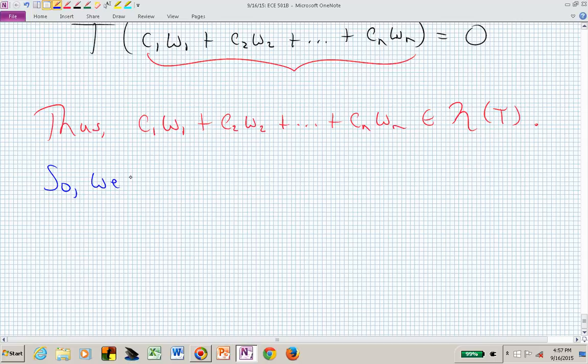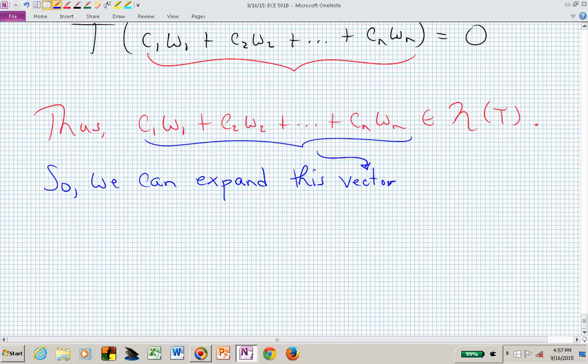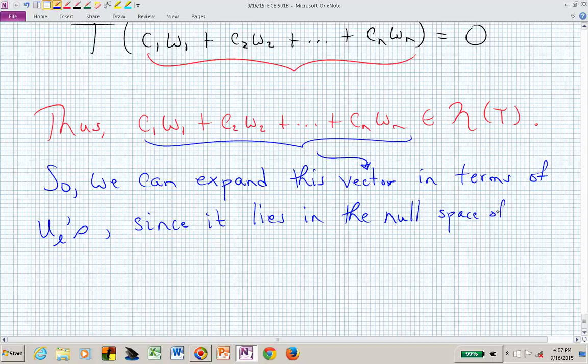So we can expand this vector, where this vector is this guy, in terms of these u sub l's, since that vector lies in the null space of T.